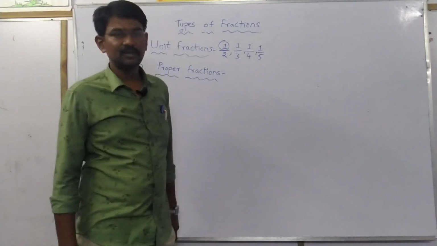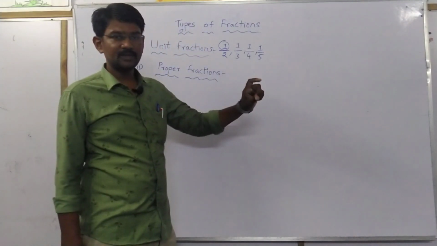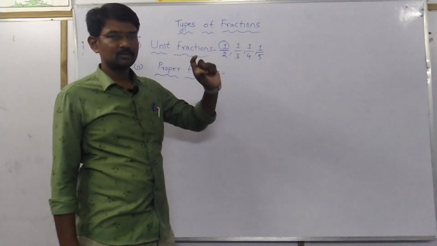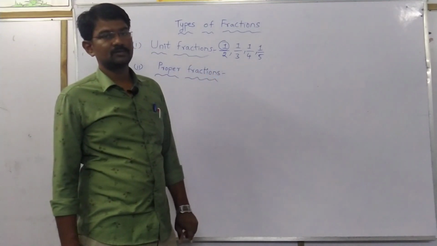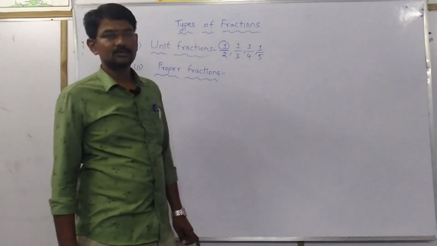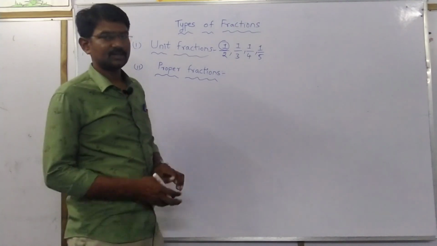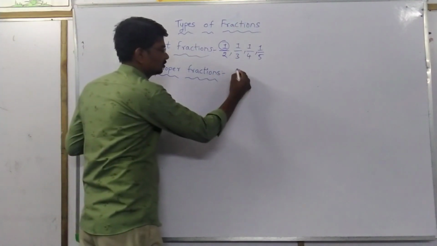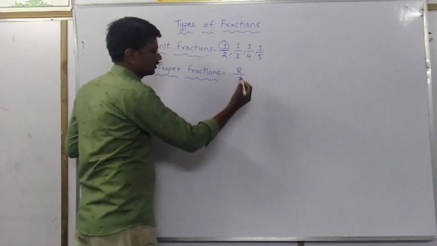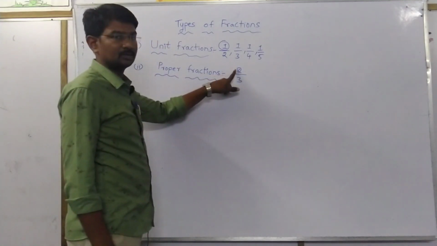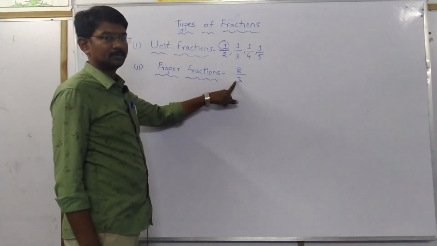In a fraction, if the numerator is smaller than its denominator, it is called a proper fraction. Numerator is small, for example 2 by 3. Numerator is small, denominator is big.